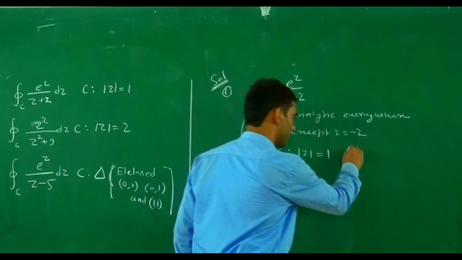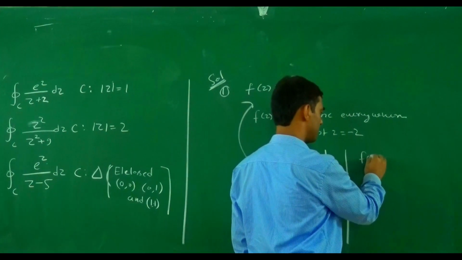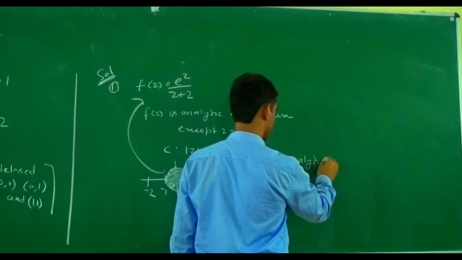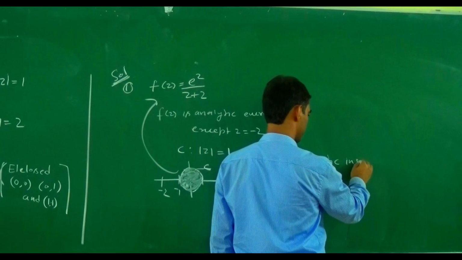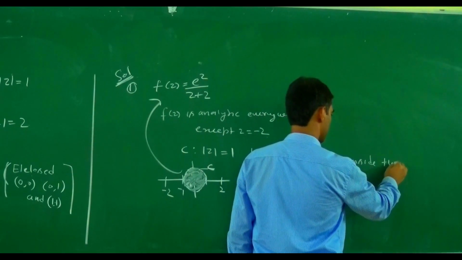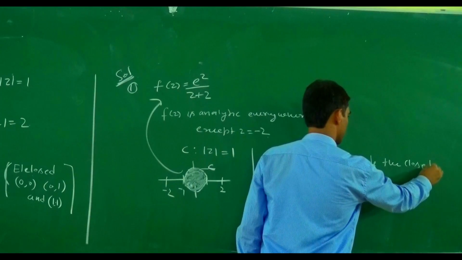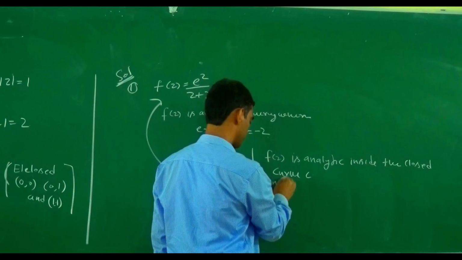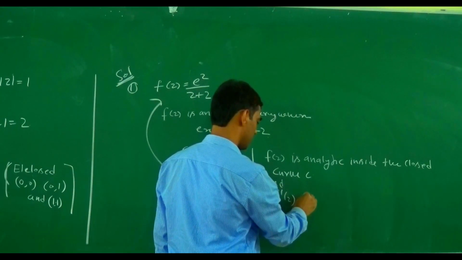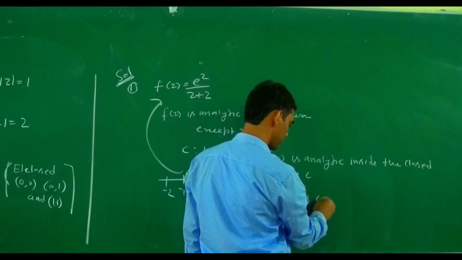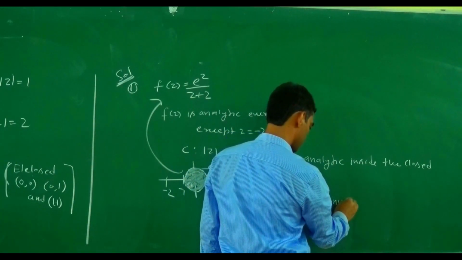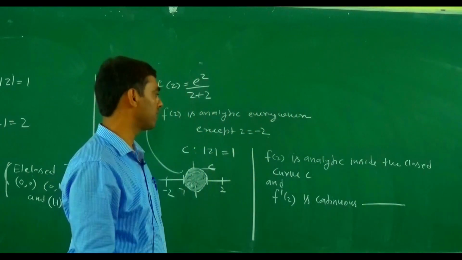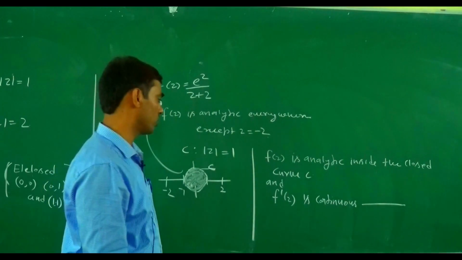So here we conclude that f(z) is analytic inside the closed curve C, and f dash z is continuous inside the closed curve C. Then we are able to apply the Cauchy integral theorem.